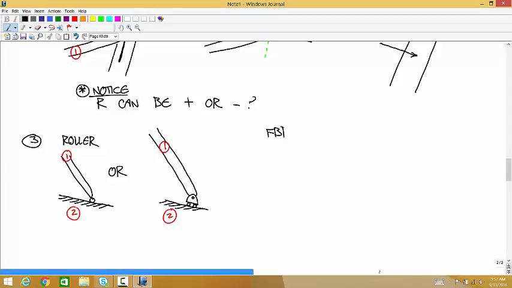So a free body diagram of body 1. Again, it's a force perpendicular to that surface. So if the surface is this way, then the force is perpendicular.